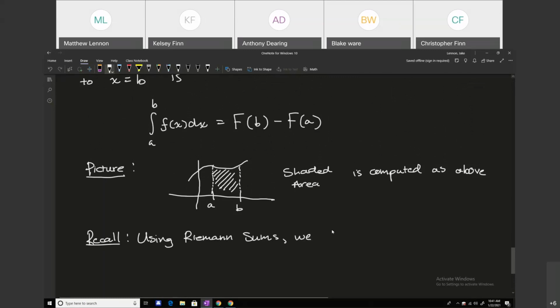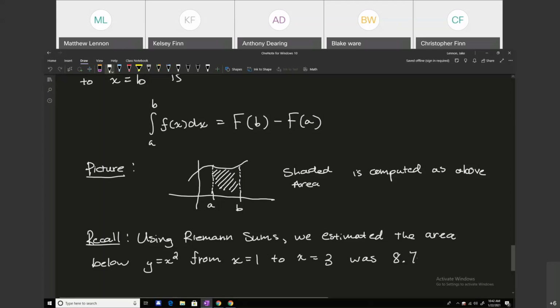We estimated the area below y equals x squared from x equals 1 to x equals 3 was 8.72. So that's what we got using the Riemann sum approximation. So what we want to do is we want to use this fundamental theorem of calculus to find the exact value of the area.